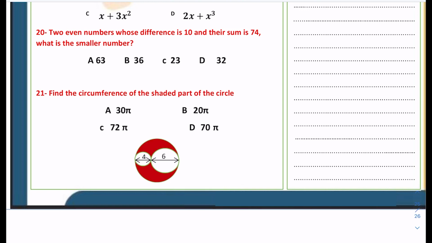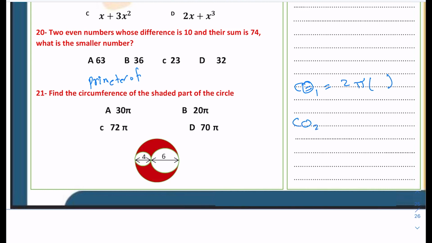Find the circumference or the perimeter of the shaded part. The perimeter of the shaded part. How many circles here? I have 3 circles. So I have to find the circumference of the big circle. Circumference of circle 1 equals 2 pi r.